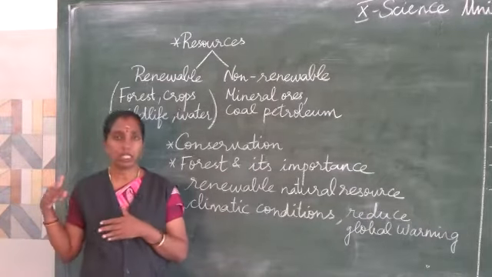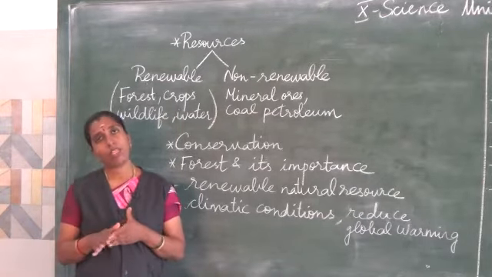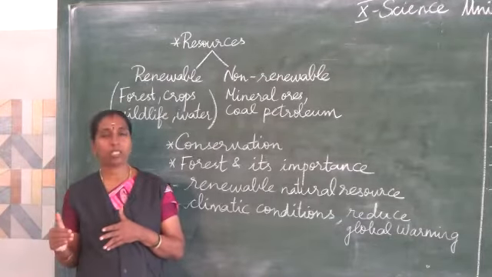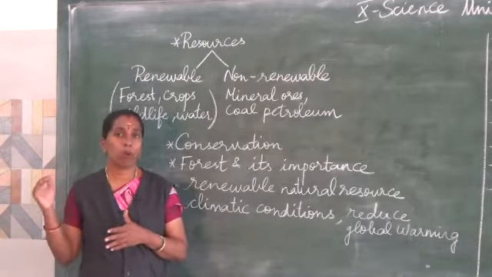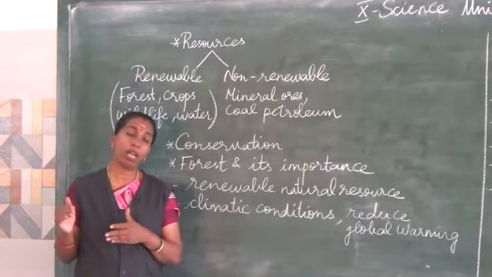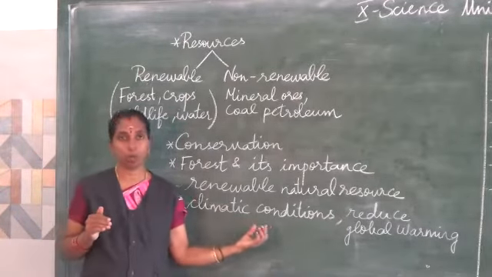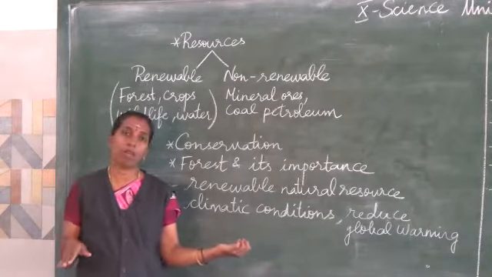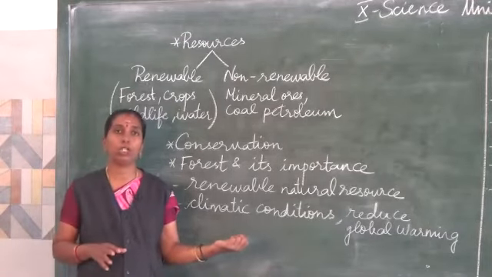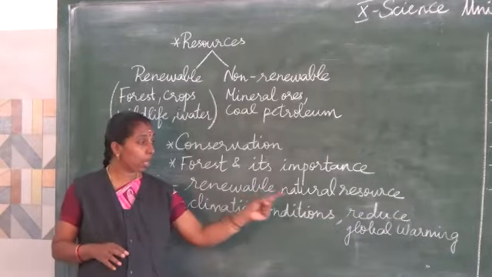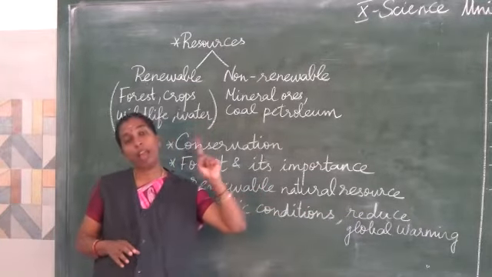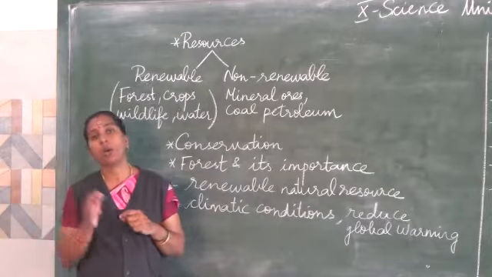So due to this deforestation, the rainfall will be less. Soil erosion will take place due to more wind currents, and climatic conditions will be affected when the vegetation cover is destroyed completely due to deforestation. It reduces rainfall and increases global warming.